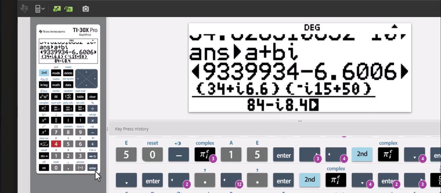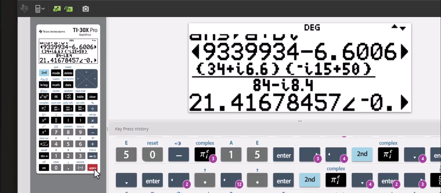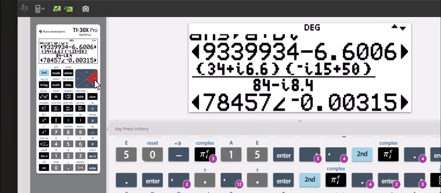That's just the sum, everything added up. And I get 21.4 angle negative 0.003.